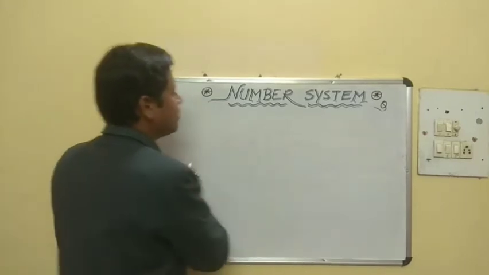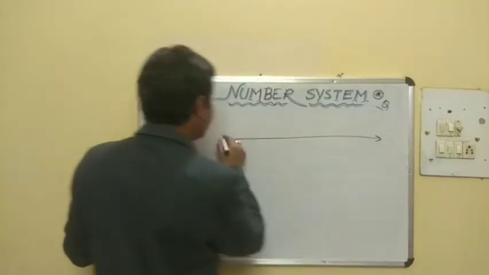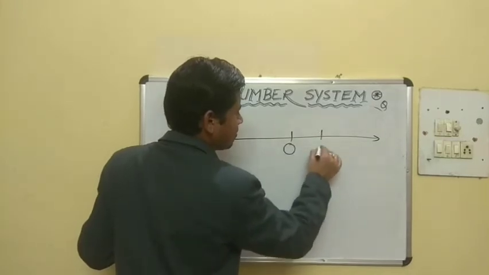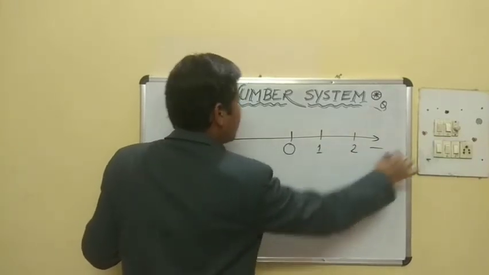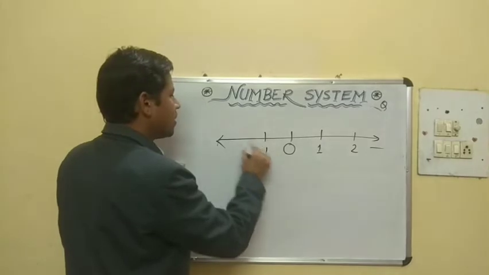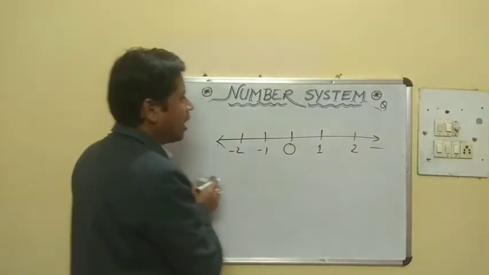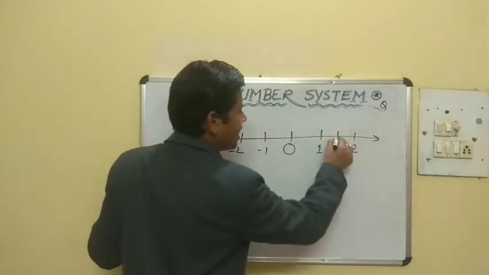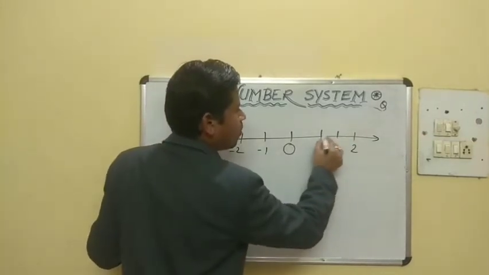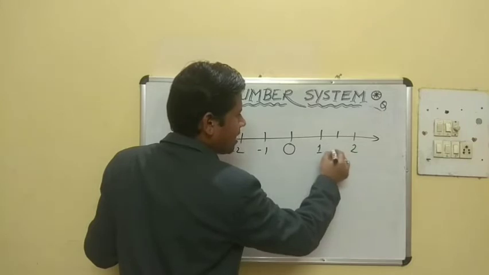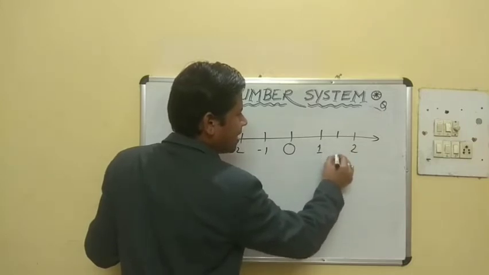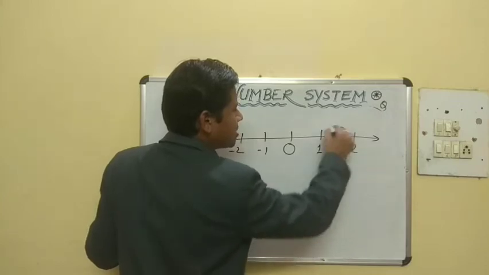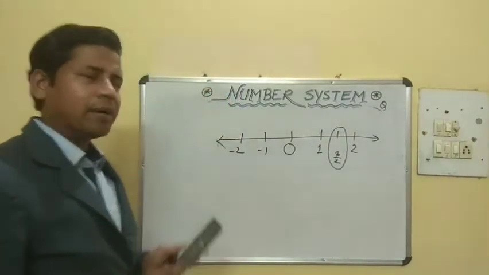Suppose there be a number line and we want to represent some number. Suppose this is 1 and 2 and so on. So this is minus 1, minus 2. Suppose I am writing here, this is the midpoint of 1 and 2. So it will be nothing but 1.5, that is nothing but 3 upon 2. This point is 3 upon 2.